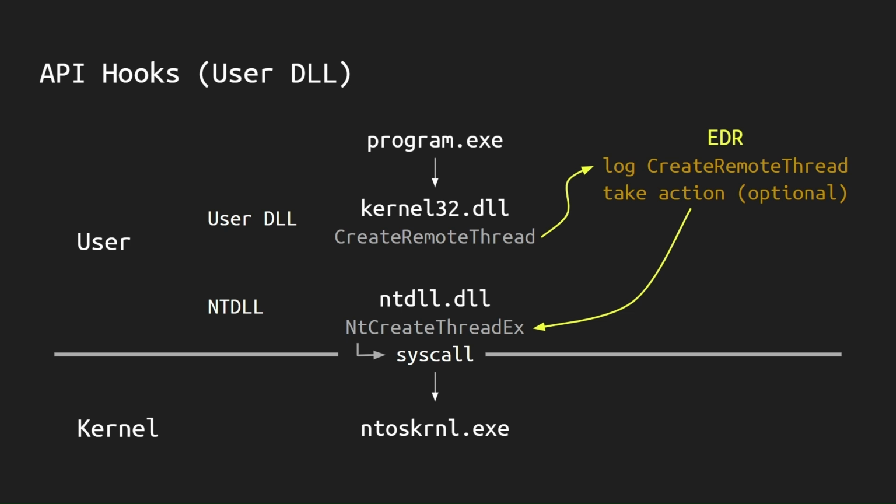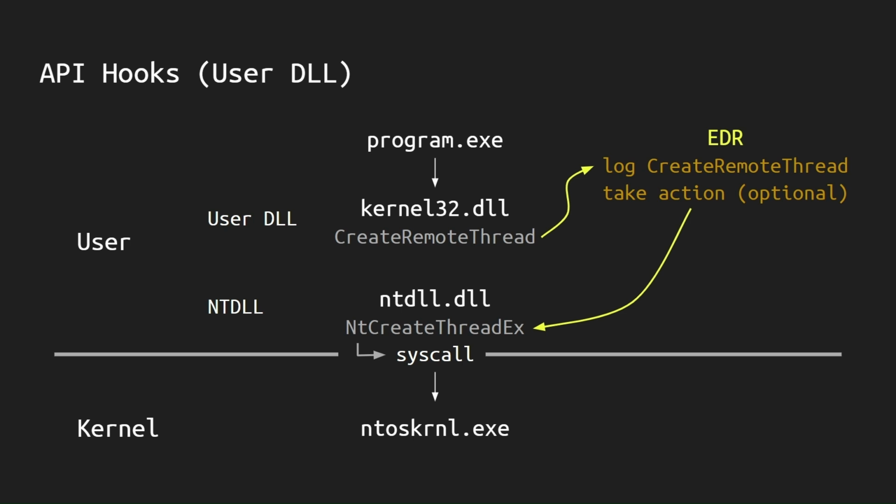Let's say we want to get more granular and see everything that a program is doing. How do we do that? Well, we know that every program is going to call functions in kernel32.dll. So what we can do as an EDR is, whenever a new process gets created and it loads that copy of kernel32.dll, we can jump in and overwrite some of the functions so that they actually jump over to our EDR.